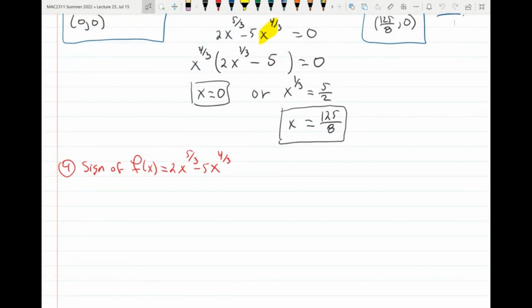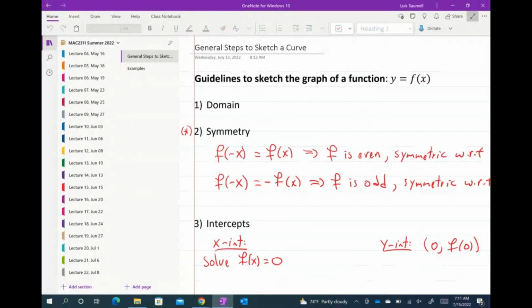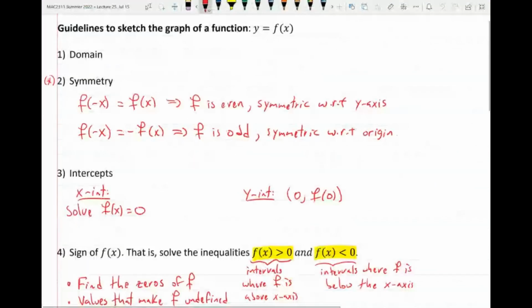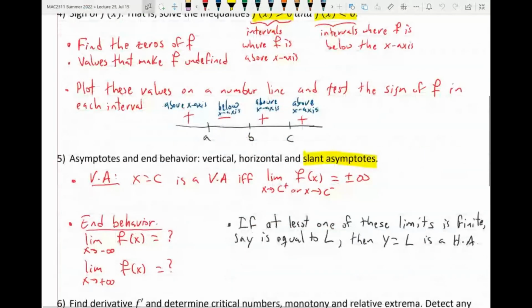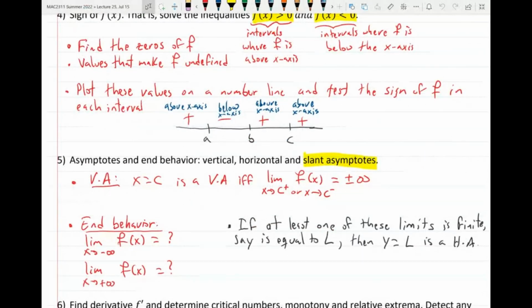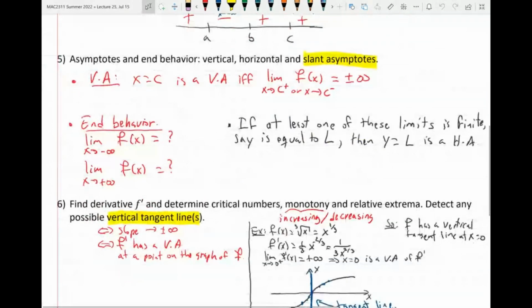So that's why, if you look back at the steps, notice that steps 1, 2, 3, 4, and 5 all have to do with the function f. Okay? After step 5, we are done with analyzing the function f itself. Then step 6, we move to the derivative.